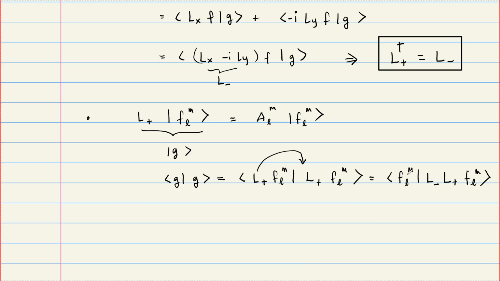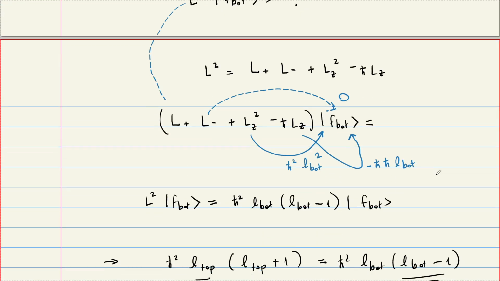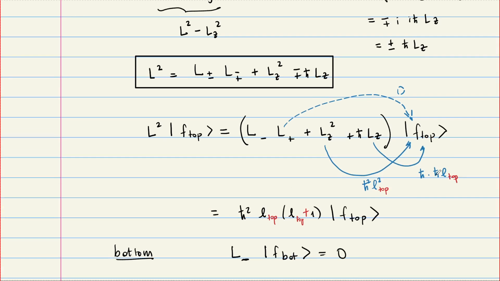Say the right answer should be f, l, m plus 1, the eigenket of the right-hand side. Oh yes, thank you, absolutely, yes. So this is m plus 1, yes. And this thing is going to be equal to, right, L plus and L minus we already calculated. This here.